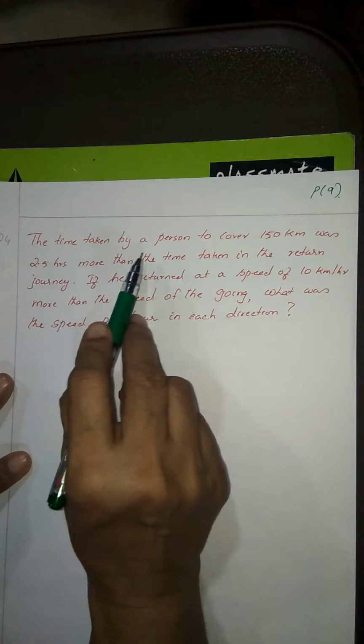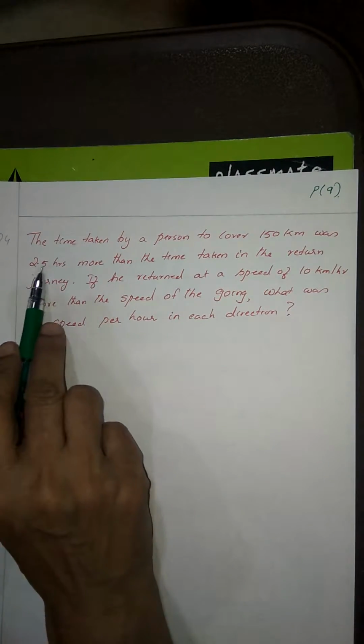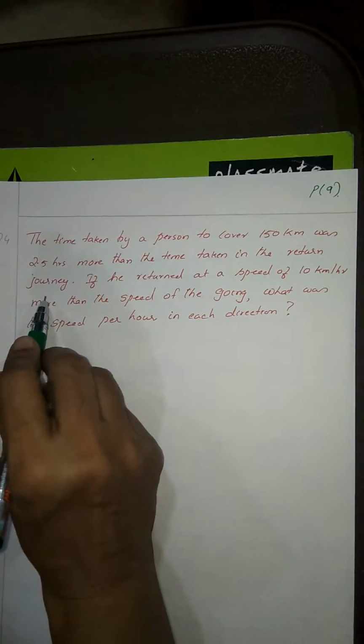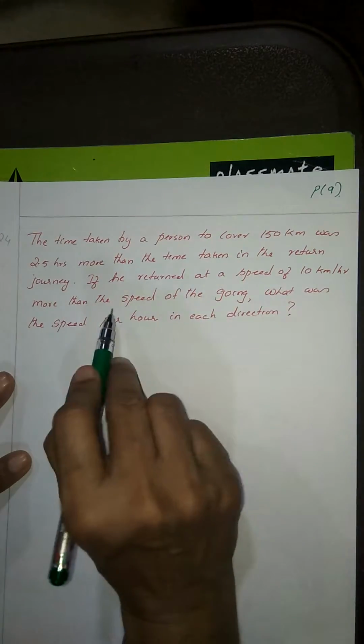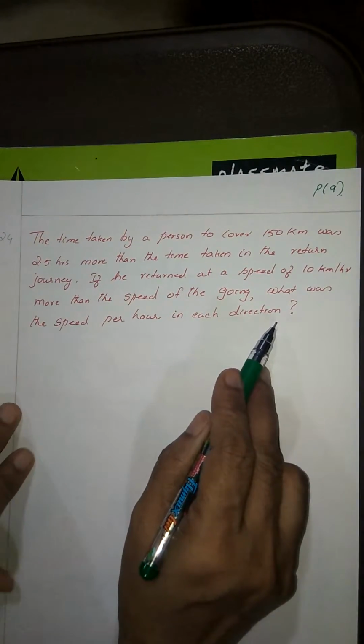The time taken by a person to cover 150 kilometers was 2.5 hours more than the time taken in return journey. If he returned at a speed of 10 kilometers per hour more than the speed of the going, what was the speed per hour in each direction?